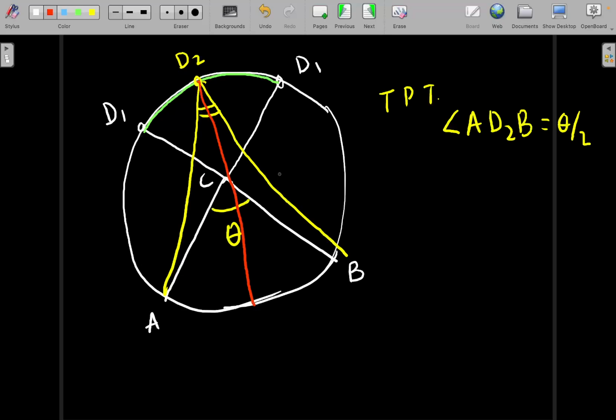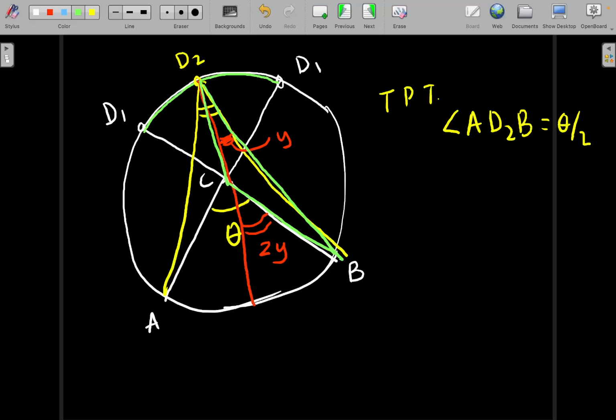Now once you draw this construction line, you can see that if this angle is y, then this angle is equal to 2y. Now that is because this particular triangle is isosceles by pretty much the same reason we've given before.